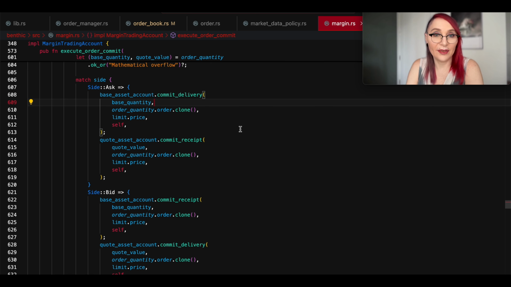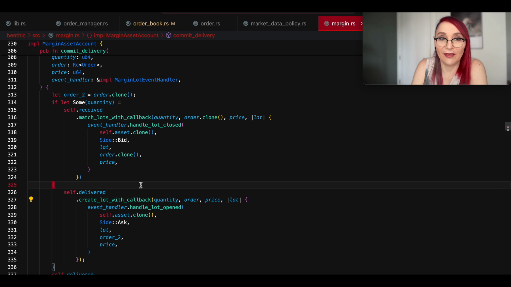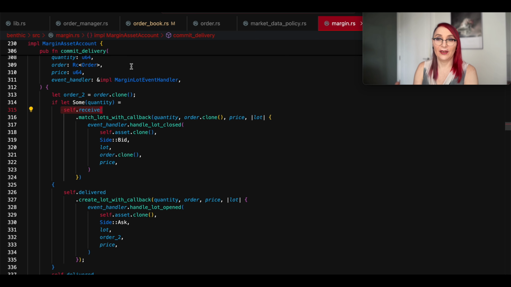Let's see what one of those two commit functions really does. So let's look at the commit deliver, for example. So you get the quantity that was delivered to this sub-account. So this is the margin asset account, that sub-account for the asset. So we first match lots, and then we create new lots if there is anything available. So you can see the match lots on the received side, okay, so we deliver. So if we deliver something, then we first check if we have it in our received lots, if we received it in the first place before, right?